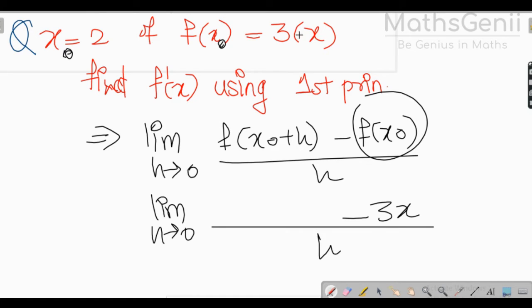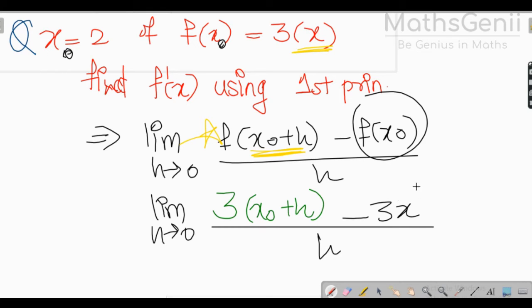Now whenever you have this term, compare the brackets. Here you have x and here you have x plus h. So it's very simple. What I'm going to do is 3, and I'm just going to replace this bracket. So this is the function of x naught plus h. This was the function of only x.